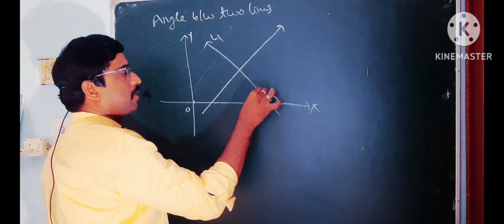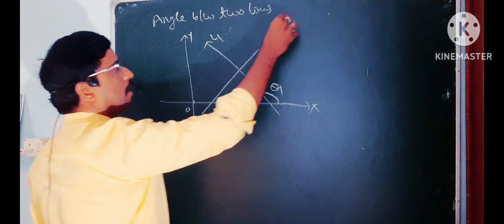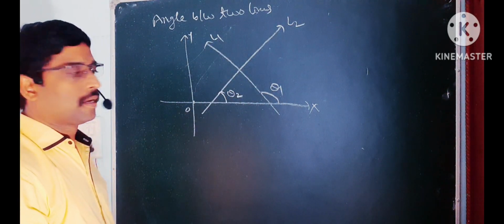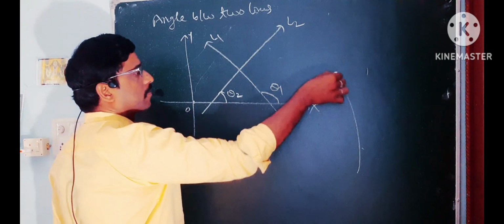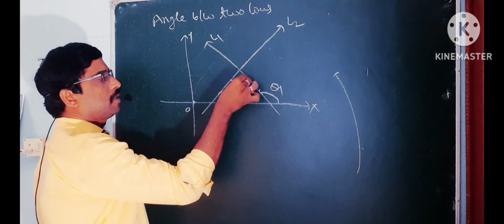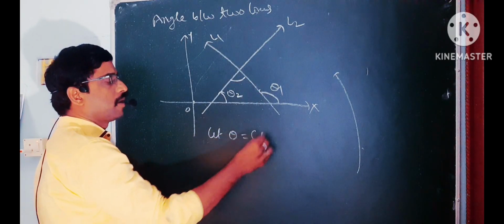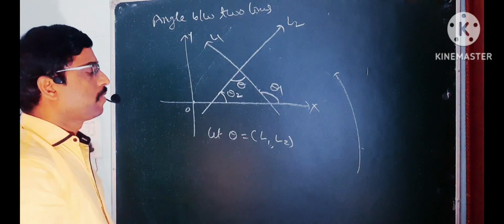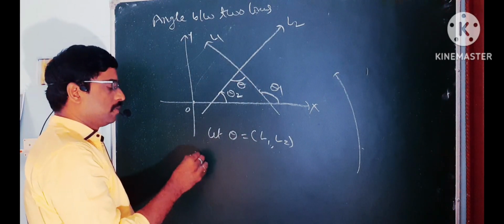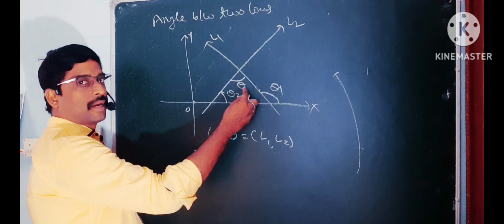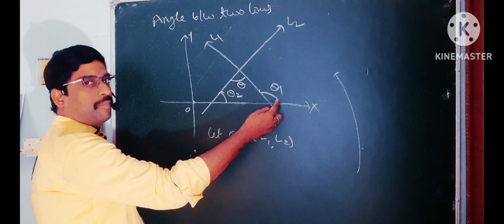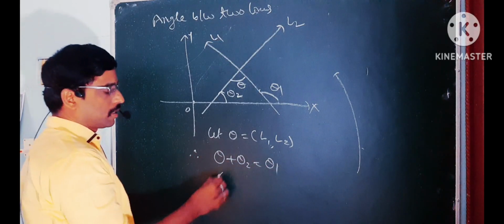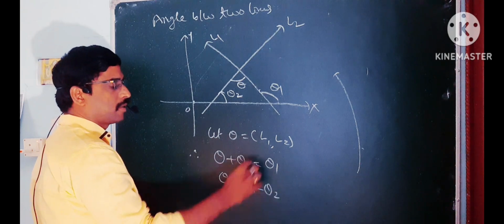L1 makes an angle theta 1 with x axis, and L2 makes an angle theta 2 with x axis in positive direction, anti-clockwise. Now let theta be the angle between L1 and L2. How to find theta value? One formula is there: sum of interior angles is equal to opposite exterior angle. Theta plus theta 2 is equal to theta 1. Now theta is equal to theta 1 minus theta 2.